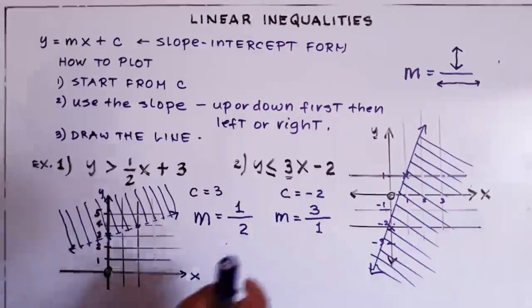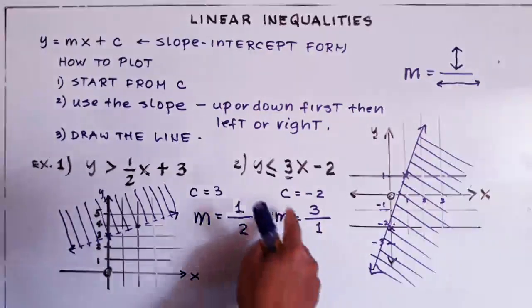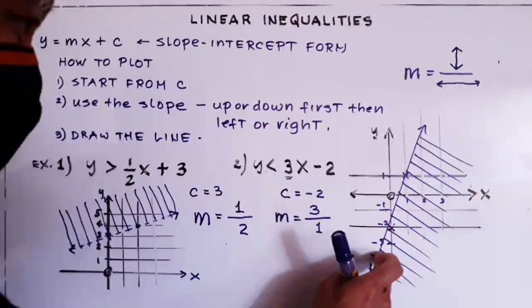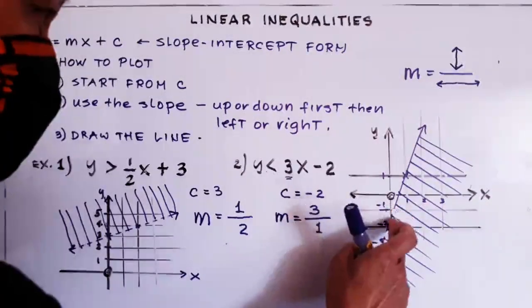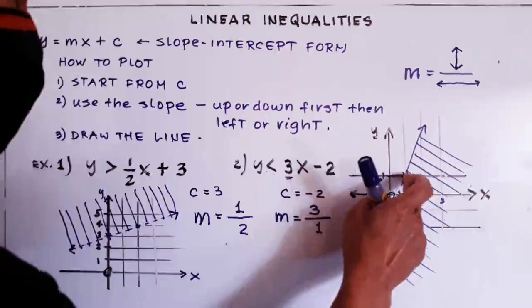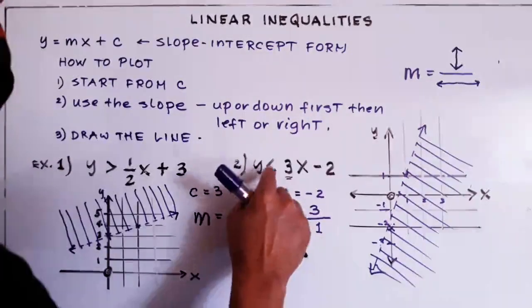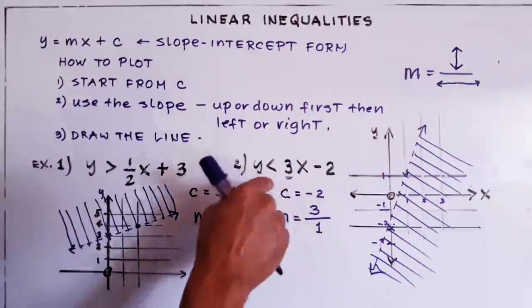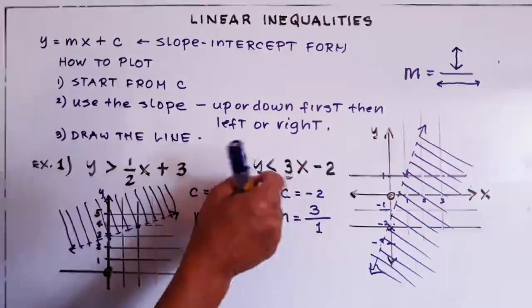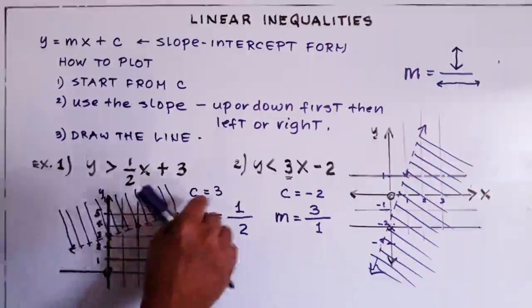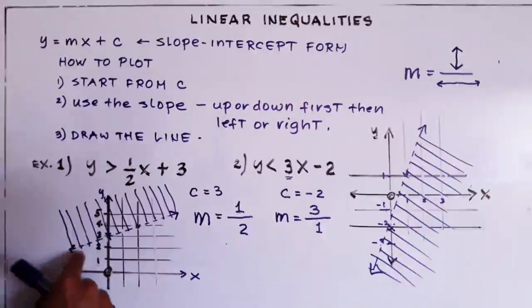It's the same shaded area. In here, if we don't have that one, then this one will be dotted also. That's the only difference between the inequality with the equality symbol and that. Okay, less than or equal to, greater than or equal to is different from this one. That's the only difference. Either this one is visible or dotted.